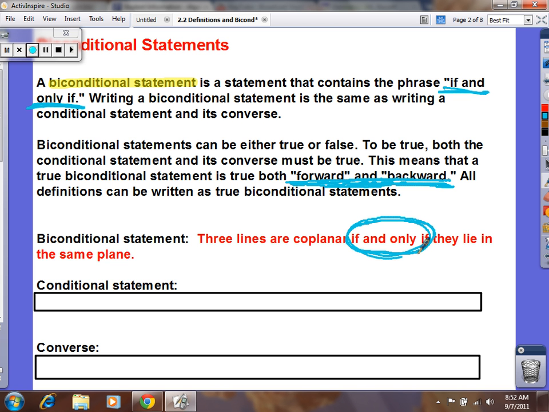So let's pick this apart. The conditional statement, write this. It's an if-then. Remember, that's what we did on Friday. So change this to an if-then. You're going to want to write if. Let's say this first part right here is your hypothesis.